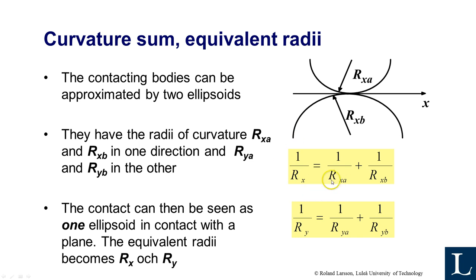So 1 over Rx, the equivalent radius in x direction, is the same as the sum of 1 over Rx of solid A plus 1 over Rx of solid B, and the same is for y.